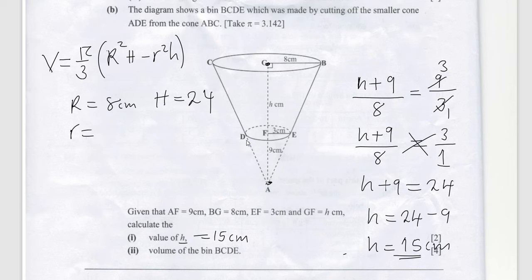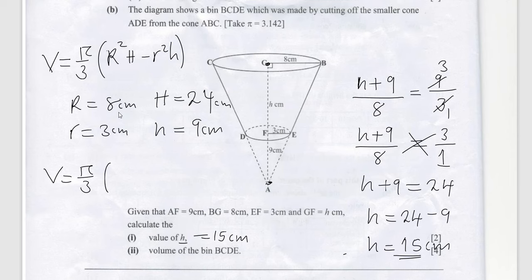Small r will be the radius where this frustum was cut, which is 3 centimeters, while small h, the height of the part which has been cut, is 9 centimeters. So we've got our data here, so we can now solve.